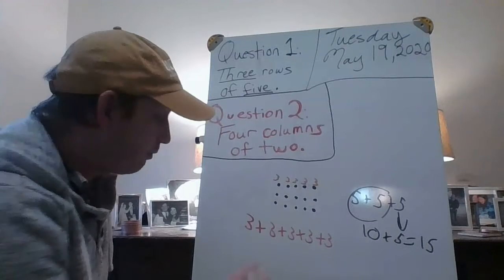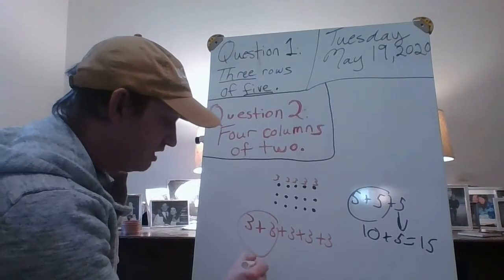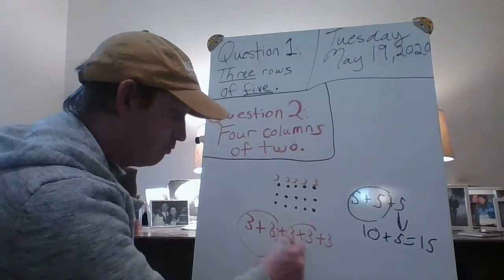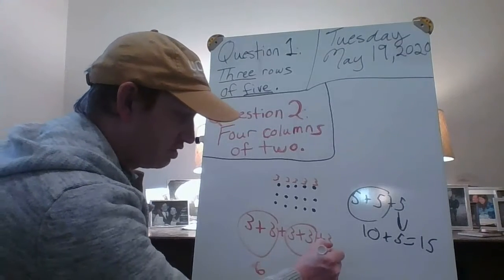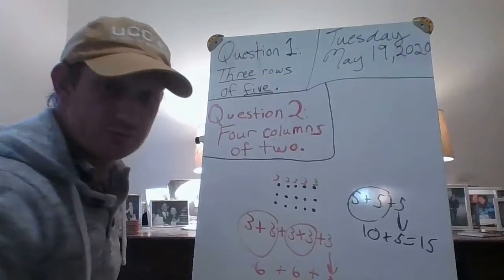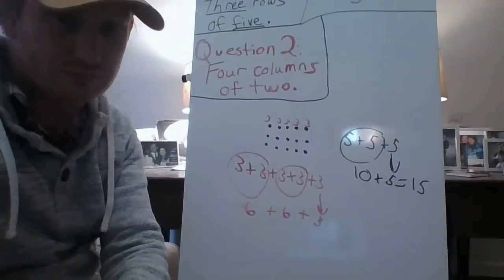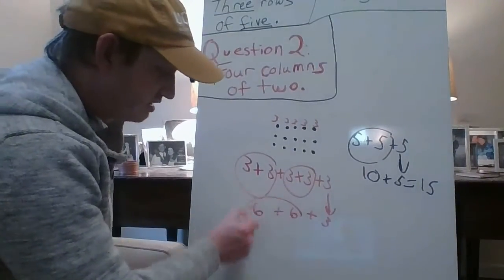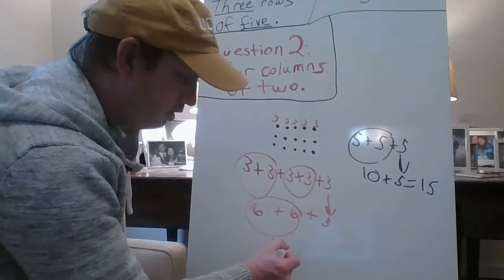And now we solve our problem again. 3 plus 3 is 6. 3 plus 3 is 6. Bring down this 3. 6 plus 6 is 12.